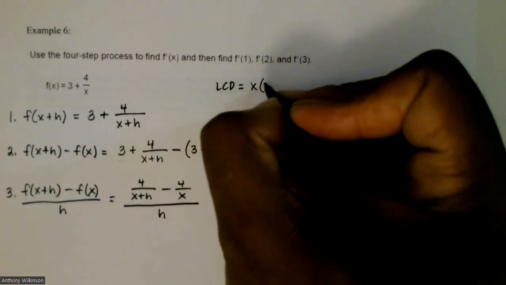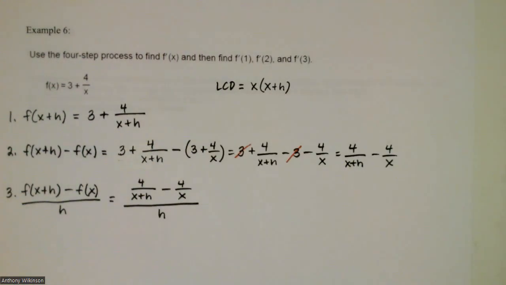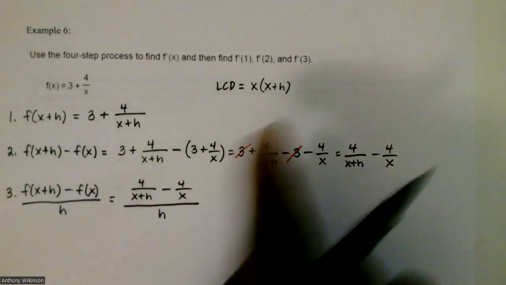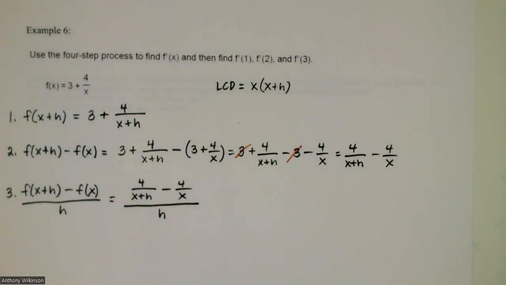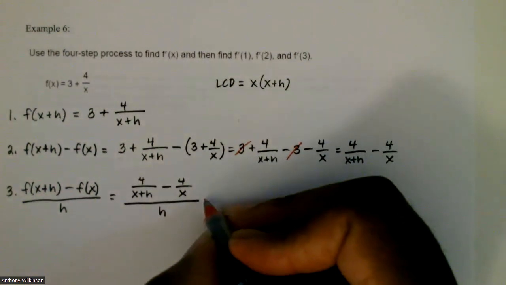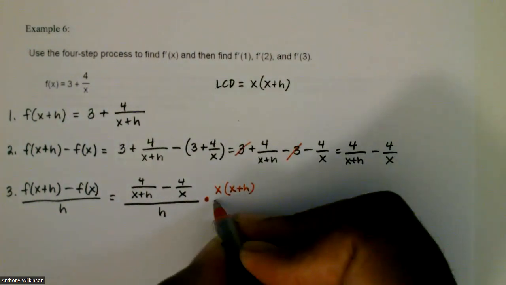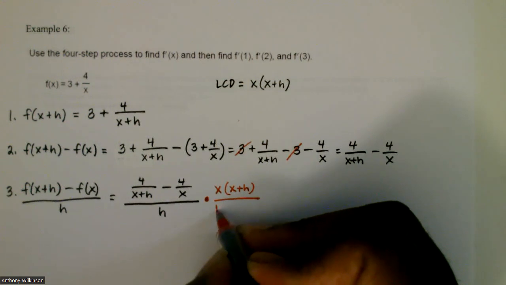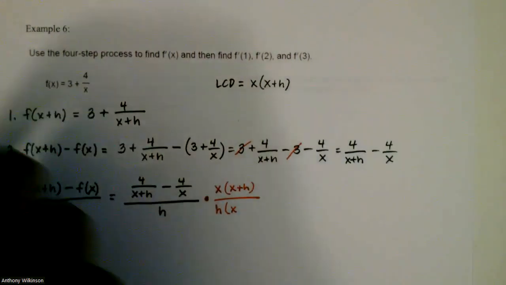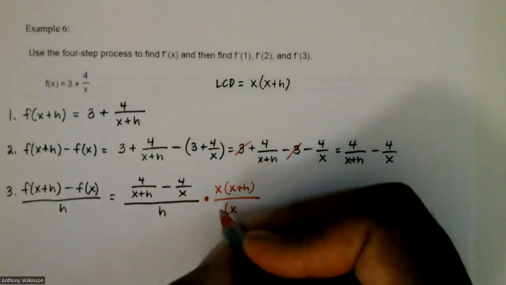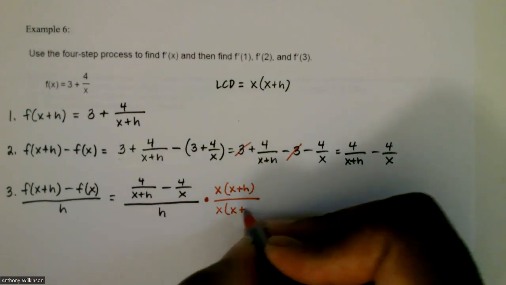So I'm going to write this as x times x plus h, because those are the only terms that are in the denominator. You got x plus h in the denominator and an x in the denominator. So I'm just going to write it like this. And then what I'm going to do here is multiply the numerator and the denominator by that LCD. So the numerator will be multiplied by x times x plus h. The denominator, the h, will be multiplied by x. I don't need the h here because I got that here. The denominator will be multiplied by x times x plus h.